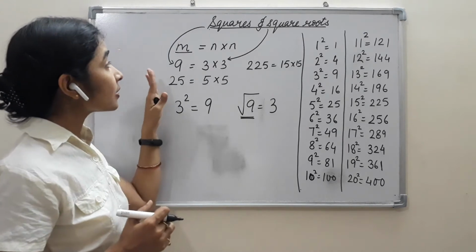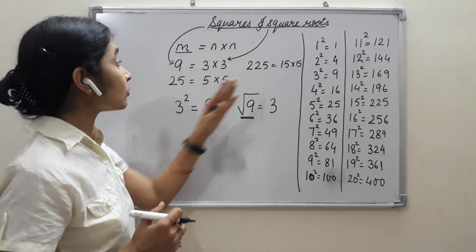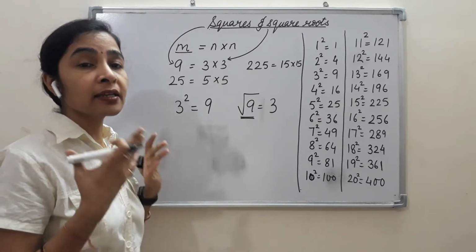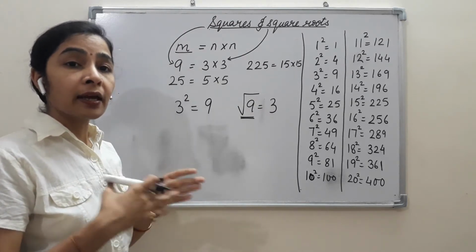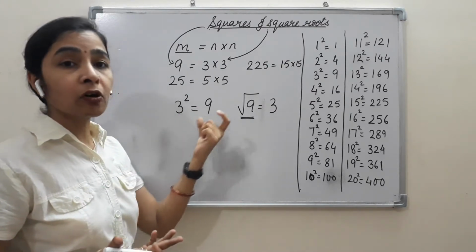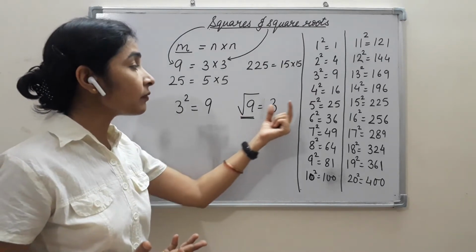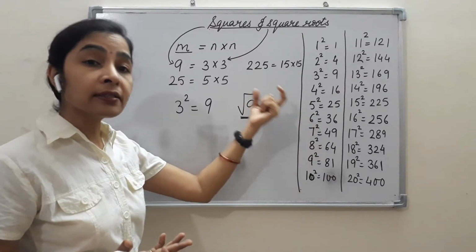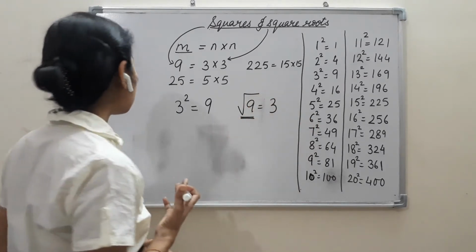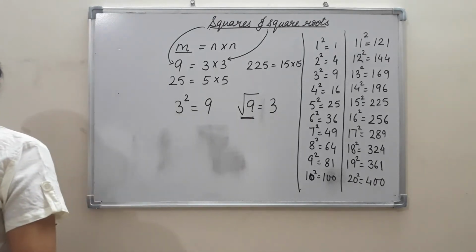So this is the concept of squares and square roots. Square means a number which can be expressed as the product of a number multiplied by itself, and the square root is such a number which when multiplied with itself gives the particular number.